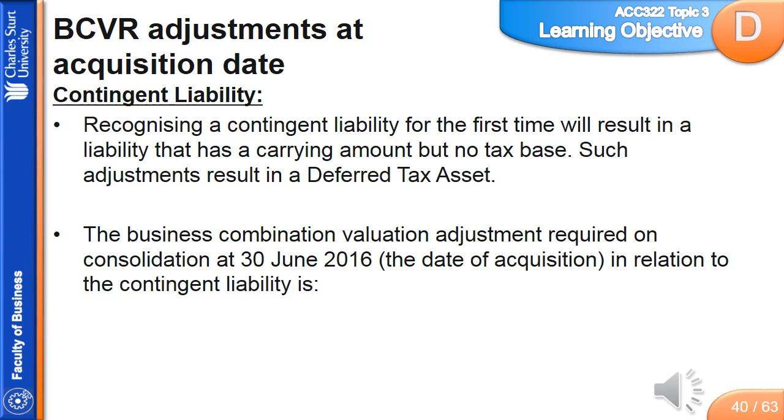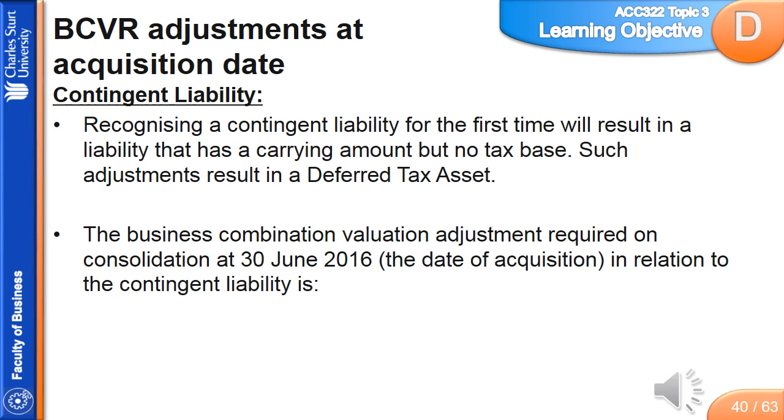You can verify that using that table I discussed in topic 1, where you can determine that it's a liability that has a carrying amount greater than the tax base, therefore it would result in a deductible temporary difference, which when multiplied by the tax rate would equal a deferred tax asset.